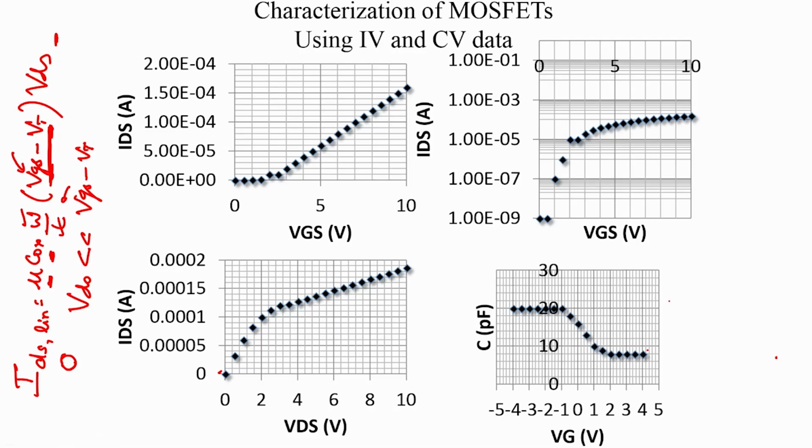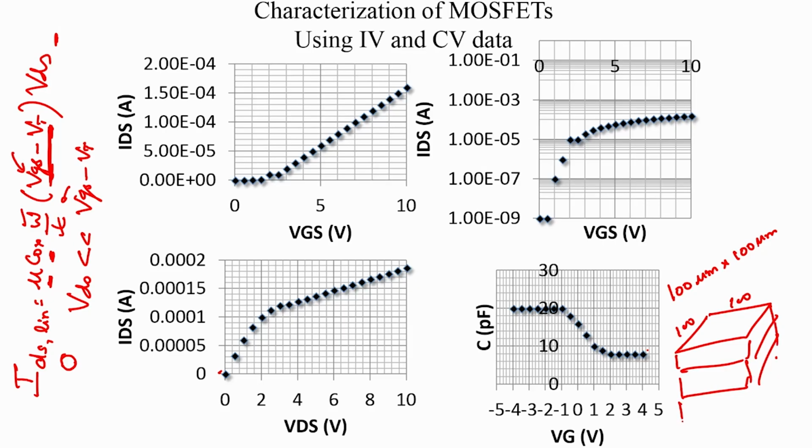So, firstly let us say we performed the measurement on a MOS capacitor having 100 microns by 100 microns. Those are the dimensions, which means that was 100 microns, that was 100 microns, and that was the MOS capacitor that we used. So that is a metal, insulator, semiconductor, back contact.